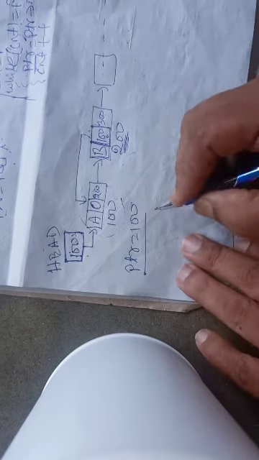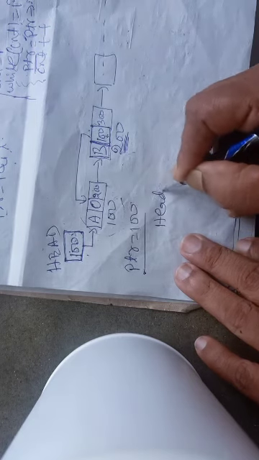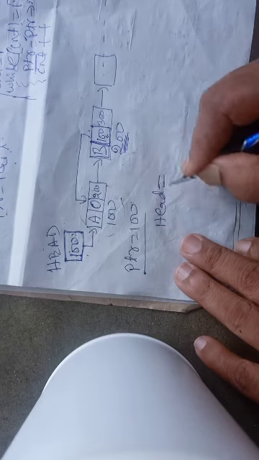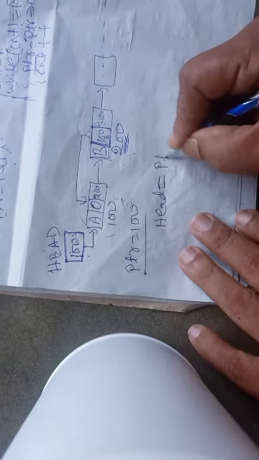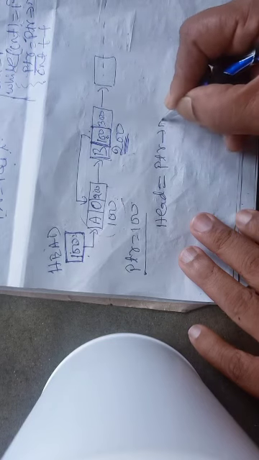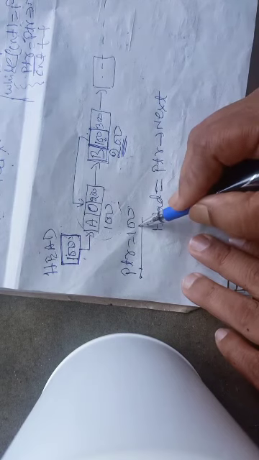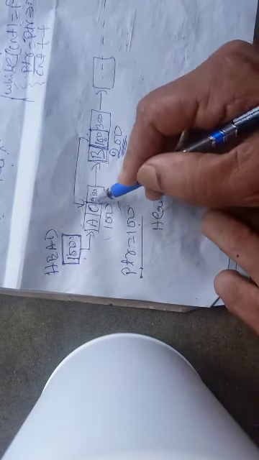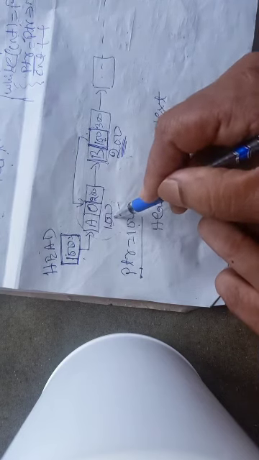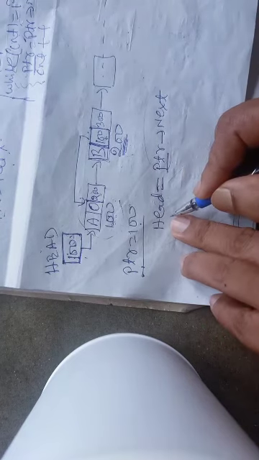Simply I can write head equals ptr of next. What is ptr? 100. What is stored in the next field of the block with address 100? The value stored here is 200. So this will give me 200, and 200 will be stored in head.